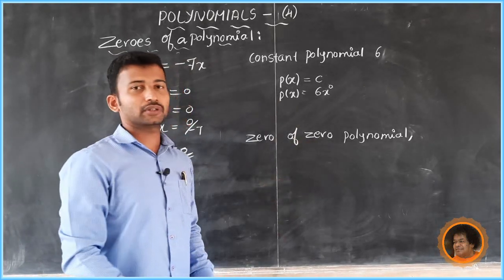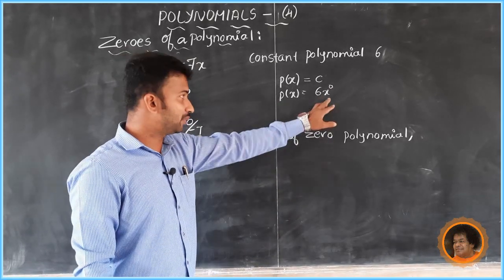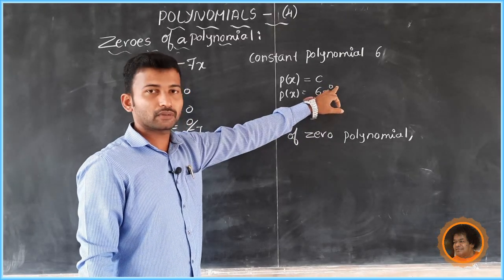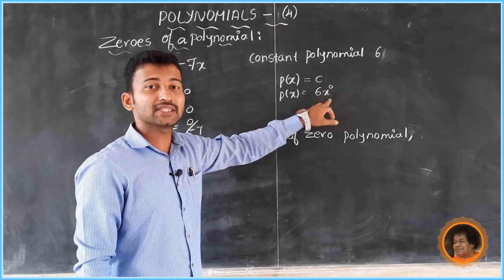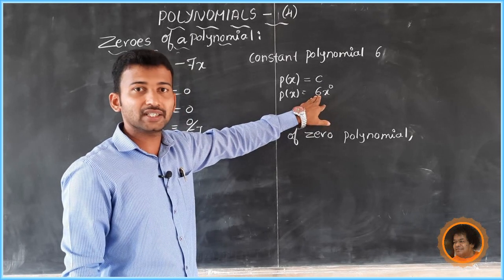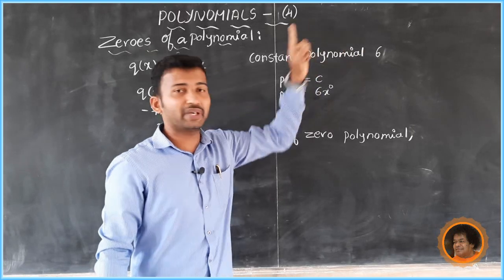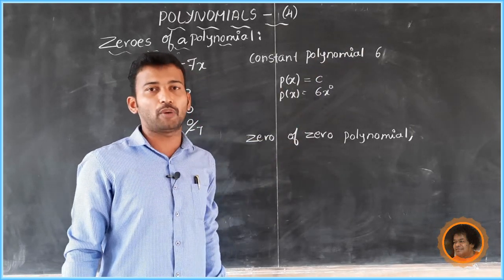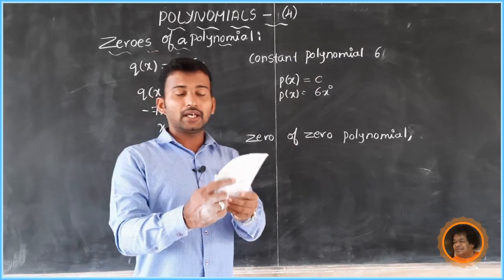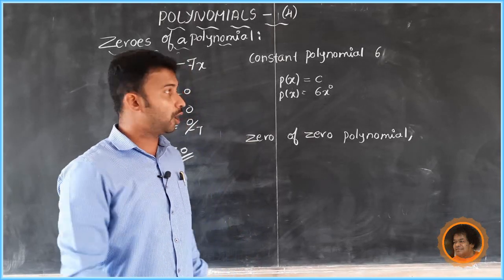If you replace x by any number, it may be 0, 1 power 0, 2 power 0, 3 power 0, any number, it still gives us 6, the constant 6. It means that the constant polynomial 6, or any non-zero constant polynomial, has no zero.